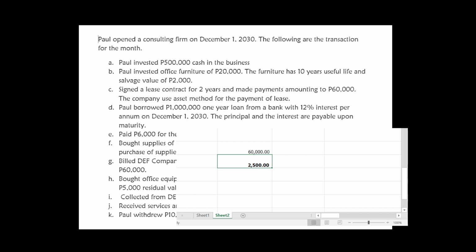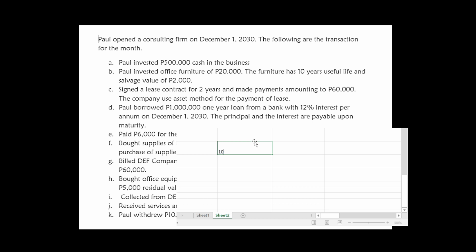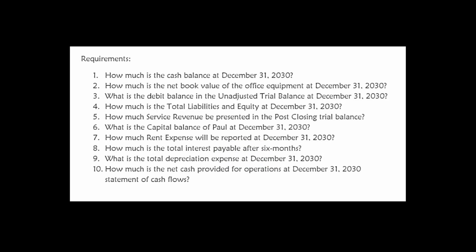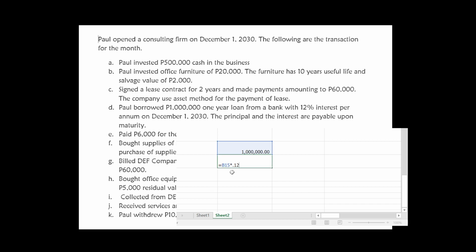So, to compute, we have here our principal amount of 1 million. Okay? 1 million. I-multiply natin yan by 12%.